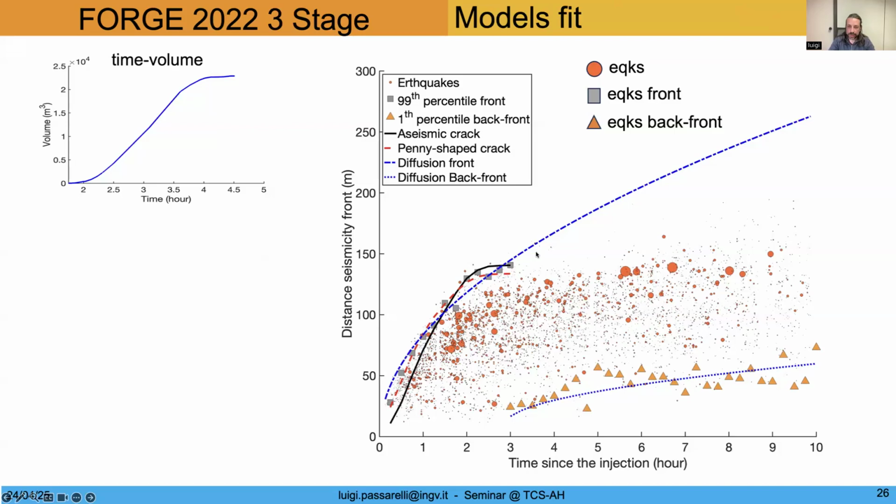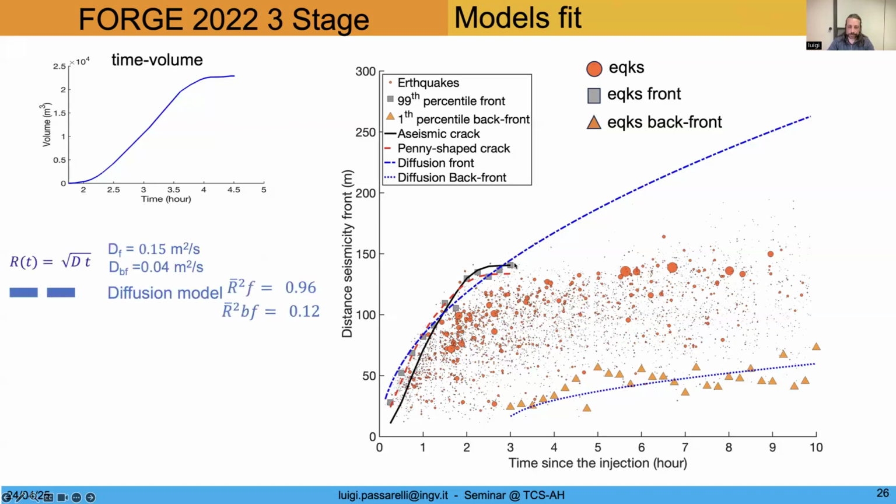I will start with the diffusivity model, which is the only one that can propagate after the volume flow rate is 0, because the pressure diffusion can go on almost forever. For this case, we fit the model.